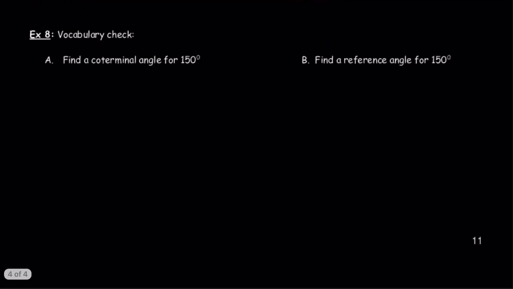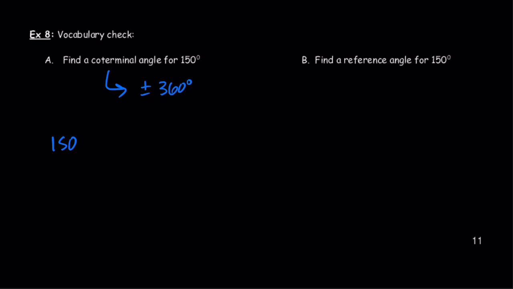Okay, last couple questions. I know I went through that a little bit quick, but hopefully you can go back and review that. And again, the more of these you practice, the better you'll be. Vocab, find a coterminal angle for 150. I'm going to find 2 of them. The way you get coterminal angles, if you remember, you add or subtract 360 degrees.